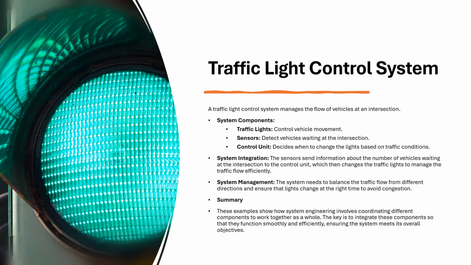Finally, we look at the traffic light control system. A traffic light control system manages the flow of vehicles, which we see every day on any road. The system components in this case could be traffic lights, which control the vehicle movement, sensors which detect the vehicles waiting at the intersection, and a control unit which decides when to change the lights based on the traffic conditions.